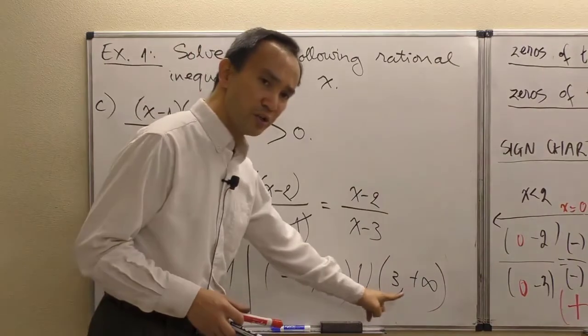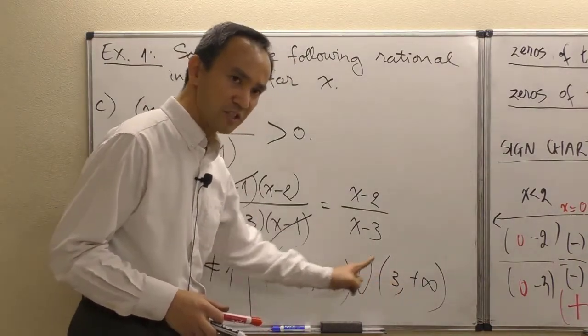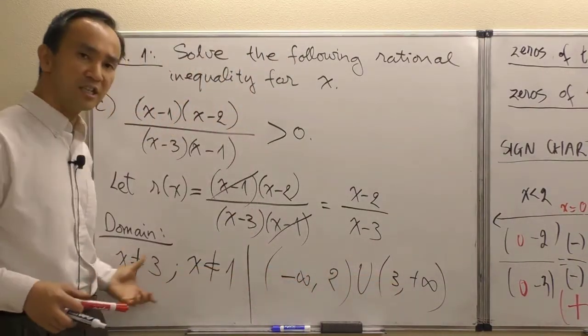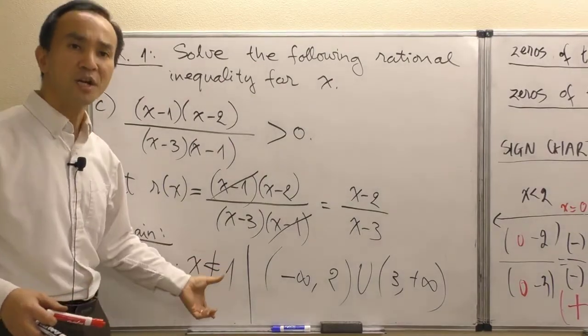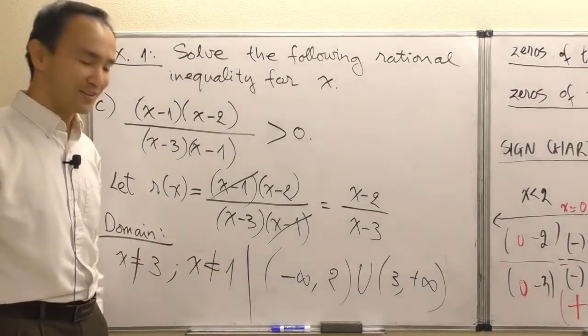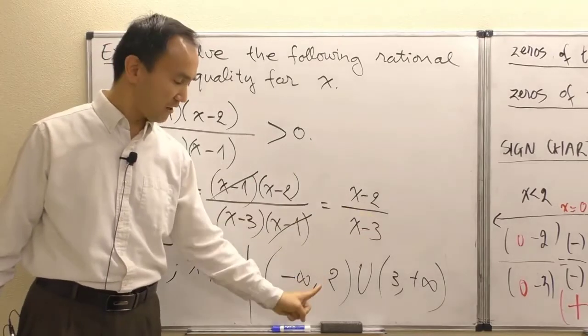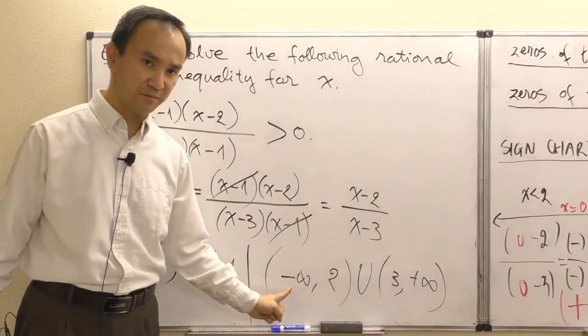We have to make sure each of these intervals from the sign chart does not contain the excluded values. Let's go through them one by one. The first interval from the sign chart, negative infinity to 2.